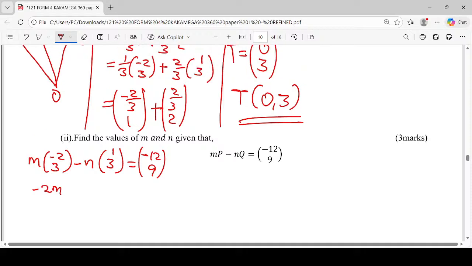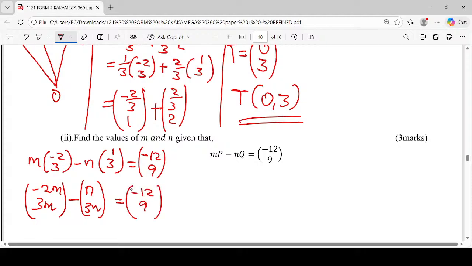Here you need to be very, very keen. 3m, then minus n, then 3n should be equivalent to negative 12, 9.